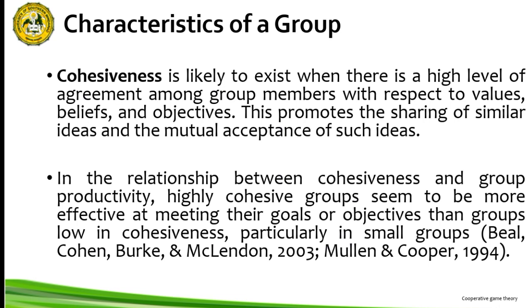Cohesiveness exists when one respects the view of the other and considers it not as a threat or as against his or her own perspectives, but as a constructive criticism, a constructive suggestion. When that happens, there is cohesiveness.